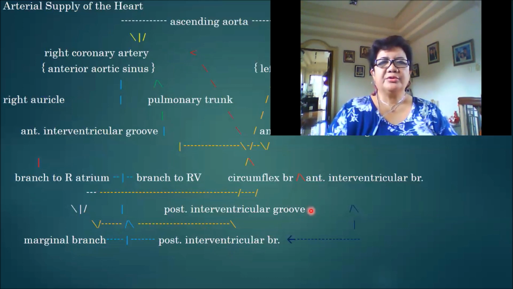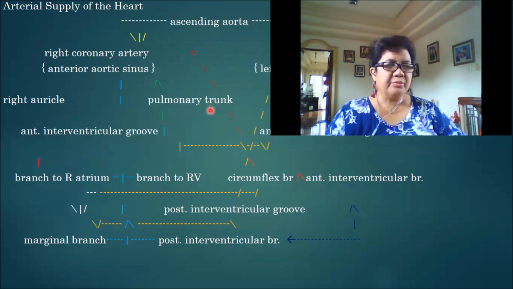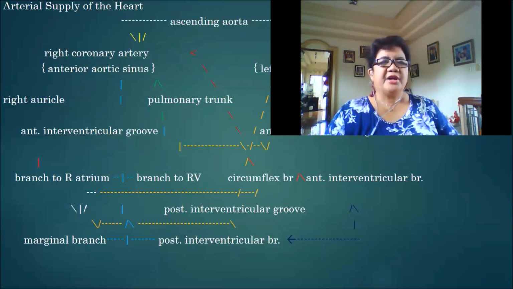So we go now to your left coronary. Let's not go first to the anastomosis. Let's go to the left coronary artery, which arises from the left posterior aortic sinus. It will be seen between the pulmonary trunk and the left auricle, and it will also enter and course for a short period of time through the anterior interventricular groove.